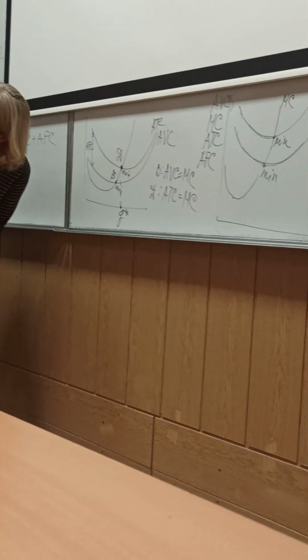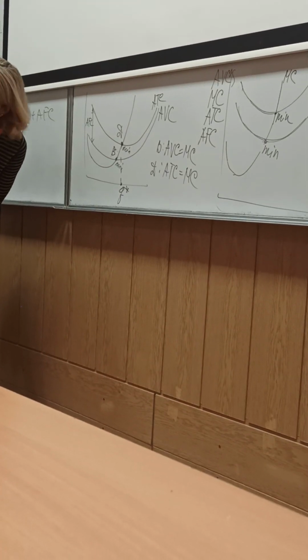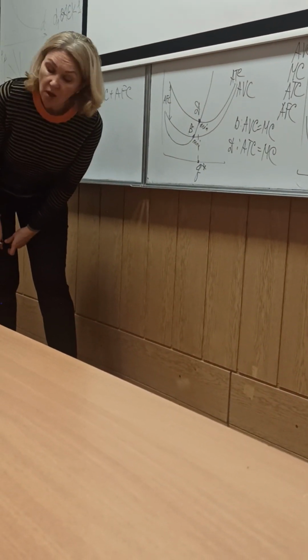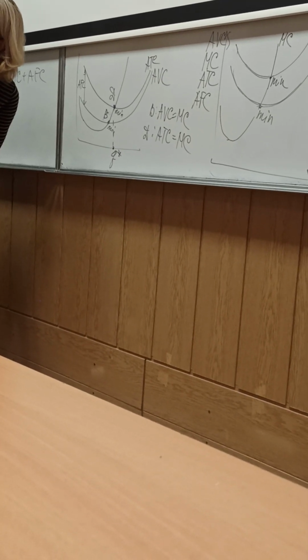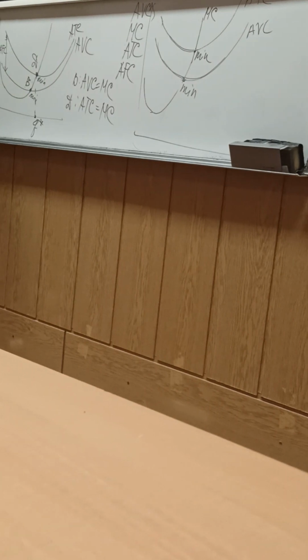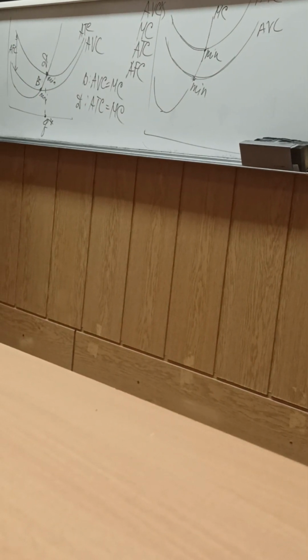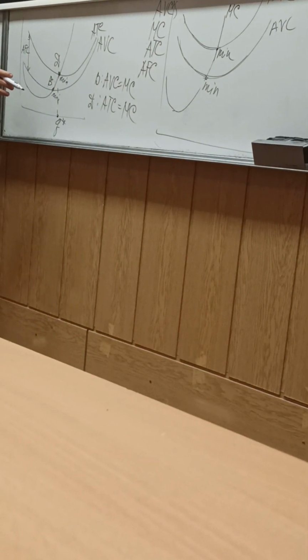What does it mean? Before and after. Should we stop here? Could this Q be the optimal? No. Because for making the decision about the optimal quantity of product, we need to compare not the average cost and marginal cost.